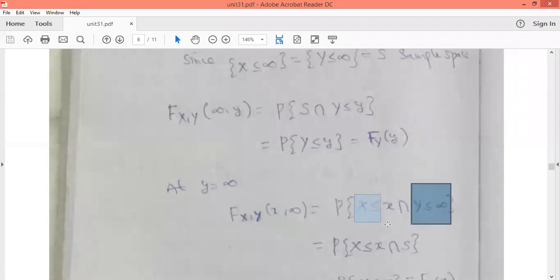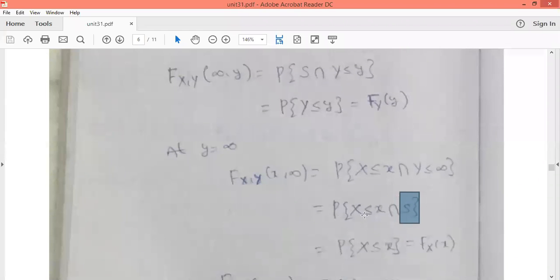X will be the same, x less than or equal to x. Okay, y less than or equal to infinity is nothing but the sample space. So probability of x less than or equal to x intersection sample space. So what is this term? This term gives us the same event, that is x less than or equal to x only, because any event intersection with the sample space will give us the same event.